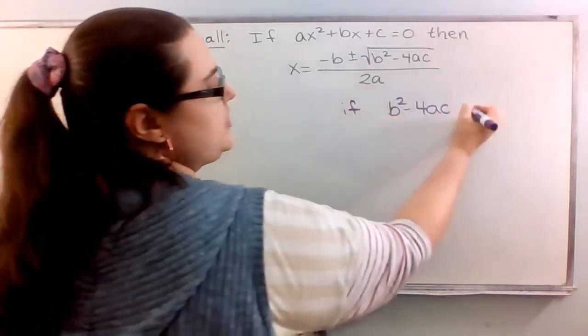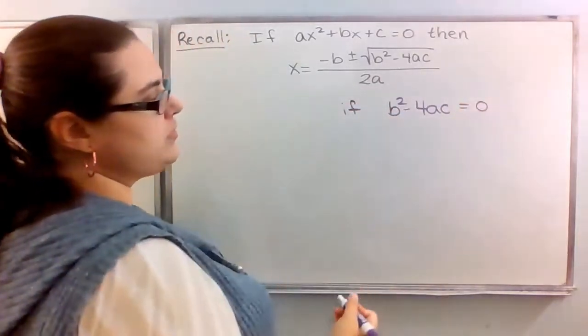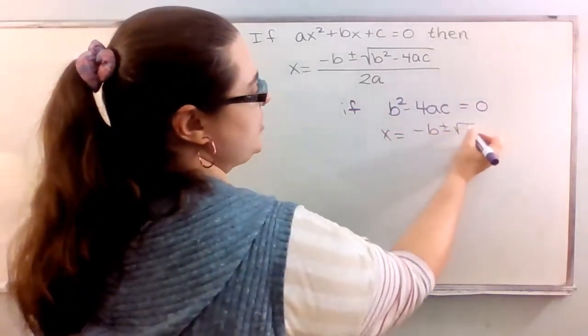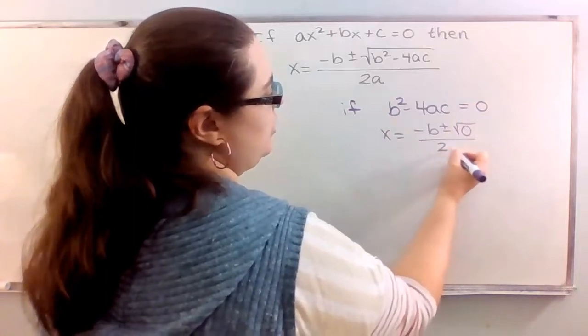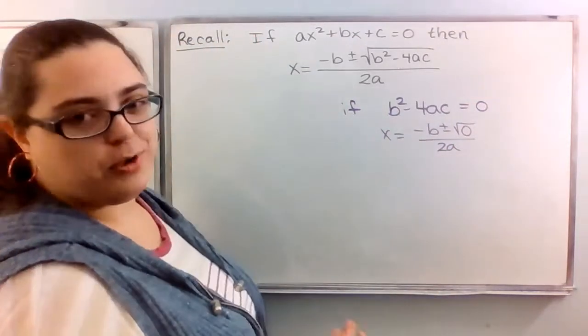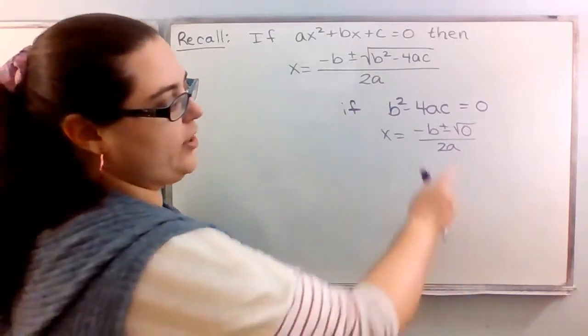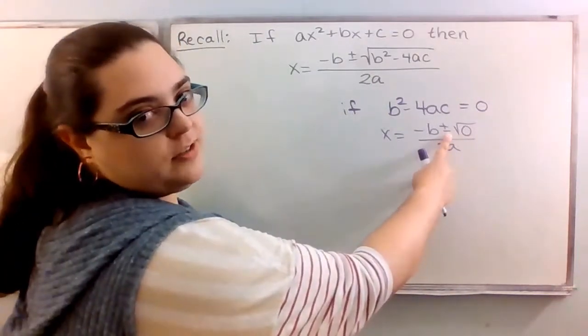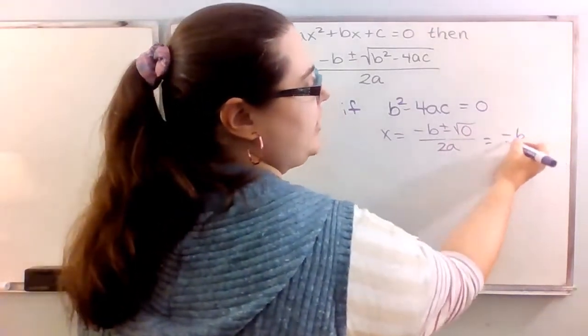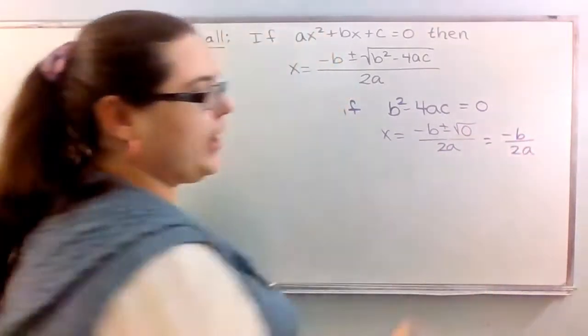If this was equal to 0, then we would have x is negative b plus or minus the square root of 0 all over 2a. But the square root of 0 is 0, and whether I add 0 or subtract 0 is going to have no change. So that will be the same as negative b over 2a.